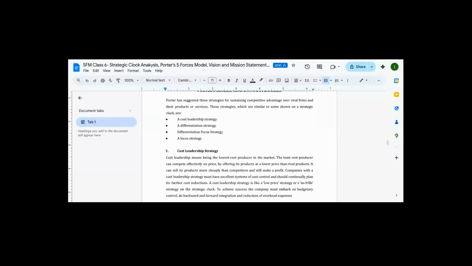If you want to use cost leadership, that means you have in mind selling your products at the lowest obtainable price. This was the pricing strategy that the likes of Promasidor used. The pricing strategy that Techno used when they launched their products. Selling at penetration price, low affordable price.